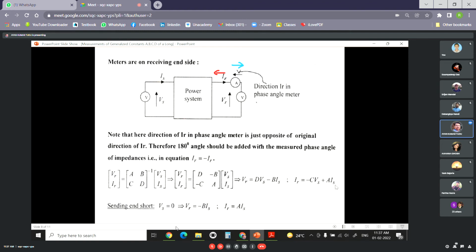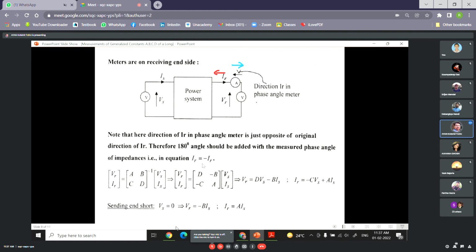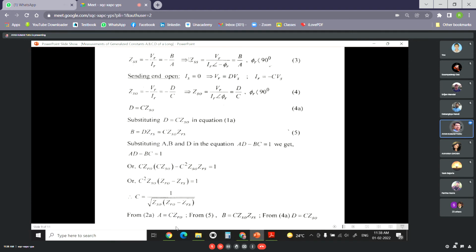So ZSS, sending end short, is equal to minus VR by IR equal to minus B by A. But we should not be taking this minus, because IR actually has a 180-degree phase shift, so that would be changed. Keeping that in mind, ZSS would be VR by IR angle minus phi R equal to B by A. Please note that this phi R value is less than 90 degrees. Yes, it is clear now.